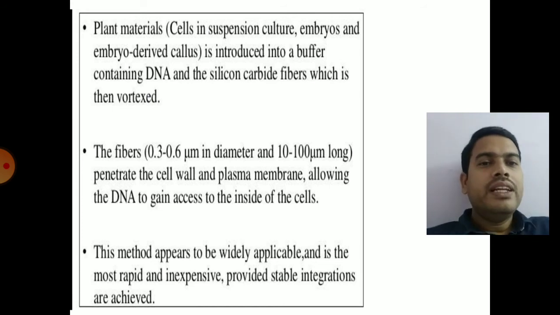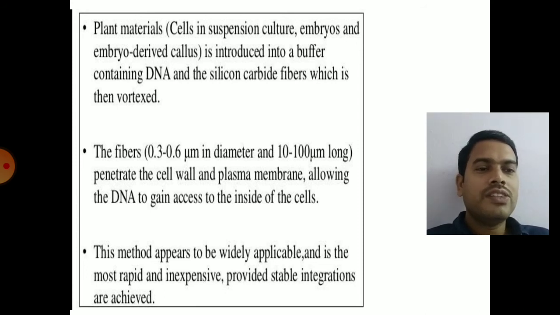Plant materials like callus and embryos are used for silicon carbide mediated gene transfer, where they are incubated with silicon carbide along with your foreign DNA and then vortexed such that your foreign DNA will enter into the callus or embryo derived callus or cell suspension cultures.